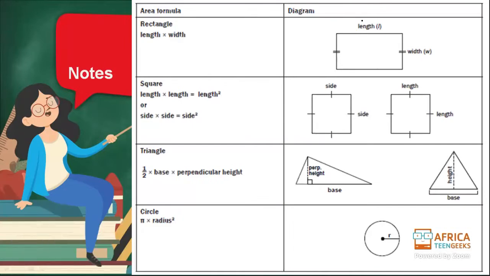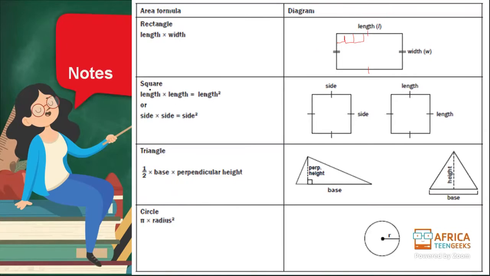Both lengths will be equal and both widths will be equal. For area, we multiply the length and the width. If I want to know how many squares are in this shape, I multiply the two dimensions together, length and breadth.